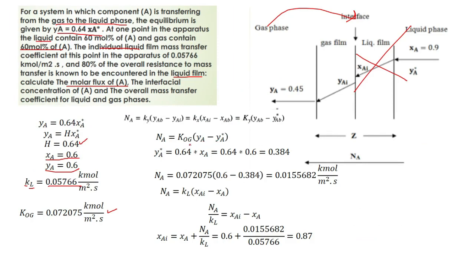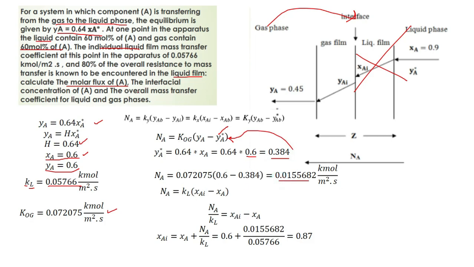So just put the values. You don't know the Ya star. So for Ya star, you will use this formula: Ya star is equal to 0.64 into Xa. So Xa is 0.6. Just put the values, you will get the Ya star. Now put this value in this expression and you will get Na. So Na is equal to 0.0155.